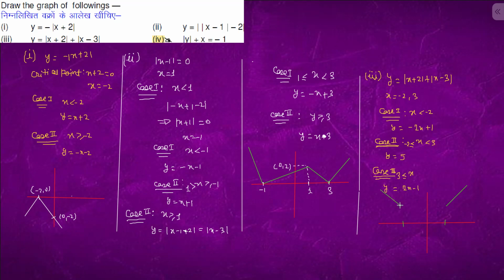When x is between minus 2 and 3, it is 5. So this is minus 2, this is 3, and this is 0 comma 5.